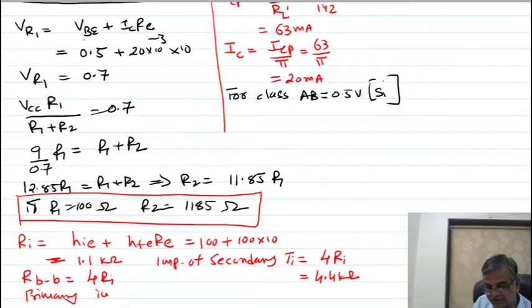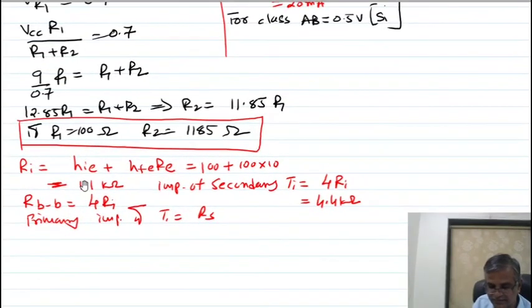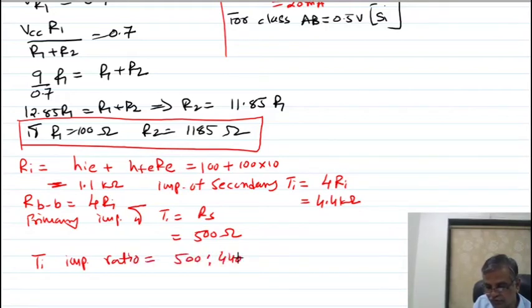The primary impedance of TI should be equal to Rs. So I can write it is 500 ohm. Therefore, for TI the impedance ratio is equal to 500 is to 4400 ohm.